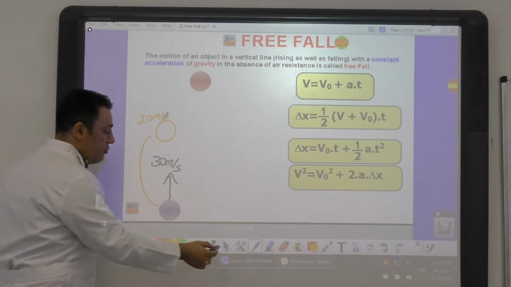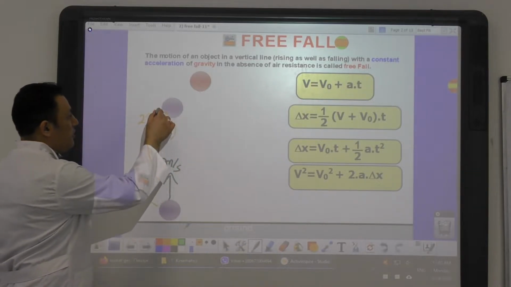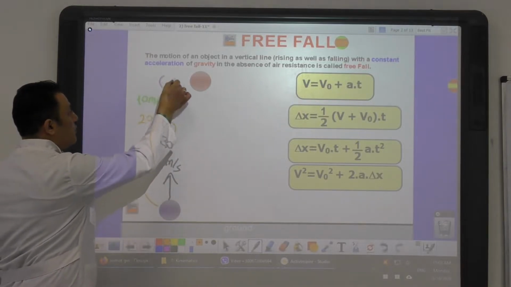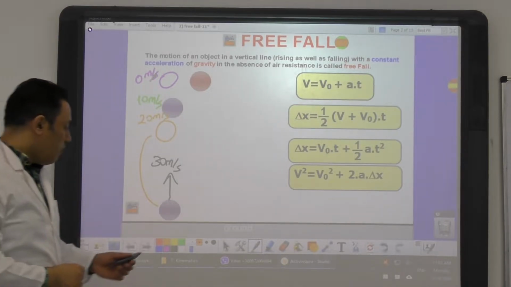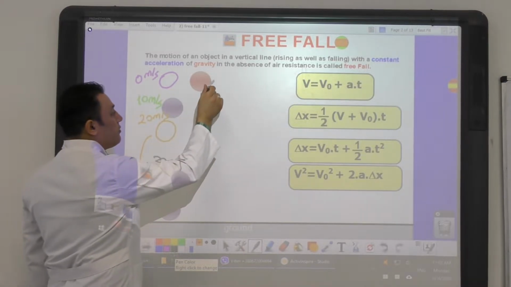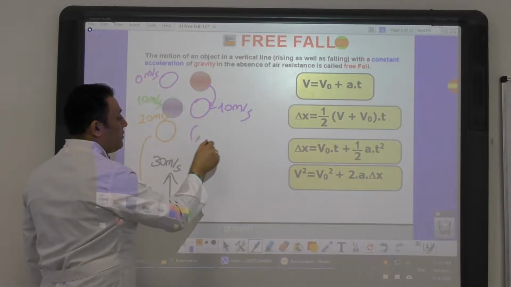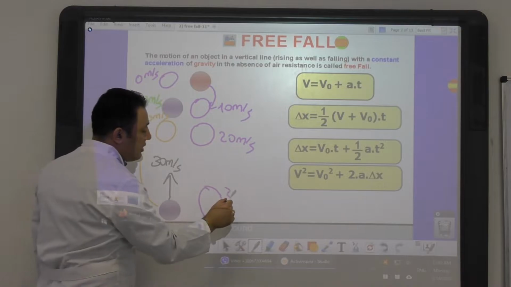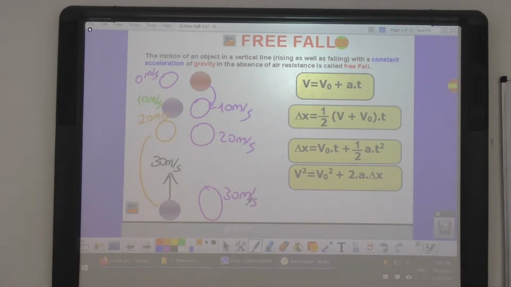In each second of motion, the object drops its velocity by 10 meters per second, and then it becomes 10 meters per second, and then finally the object is going to have 0 meters per second velocity when it has reached the maximum point of the motion. The object is going to start falling down. First 10 meters per second, after that 20 meters per second, and finally the object will land on the ground with a velocity of 30 meters per second.